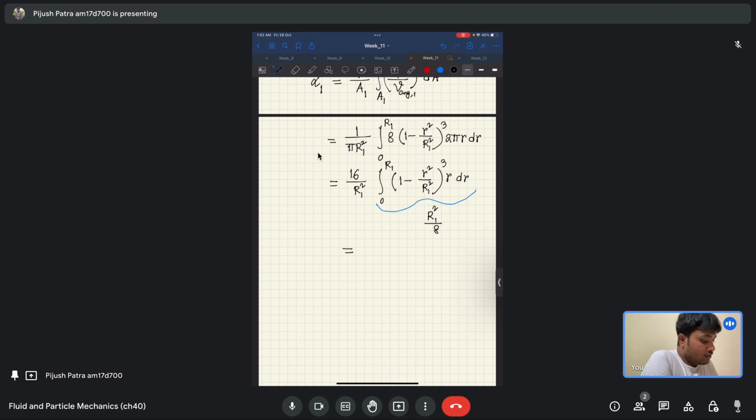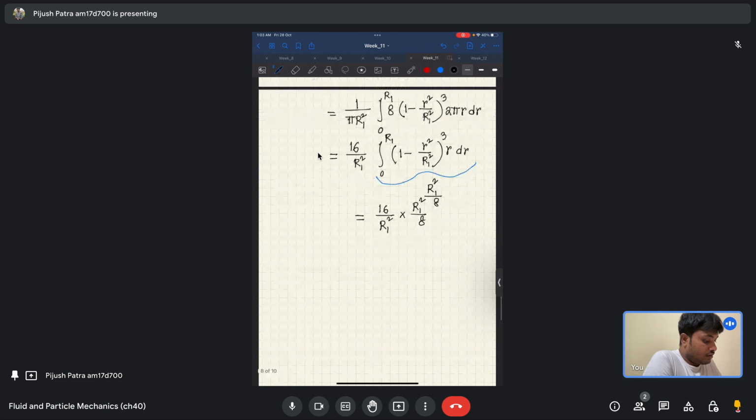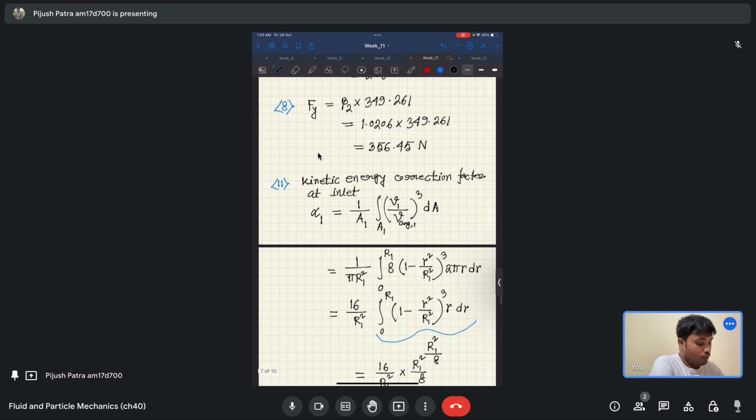So how much is this which is coming? 16 by r1 square into r1 square by 8, so that is equal to 2. So the kinetic energy correction factor in case of laminar flow is something around 2.